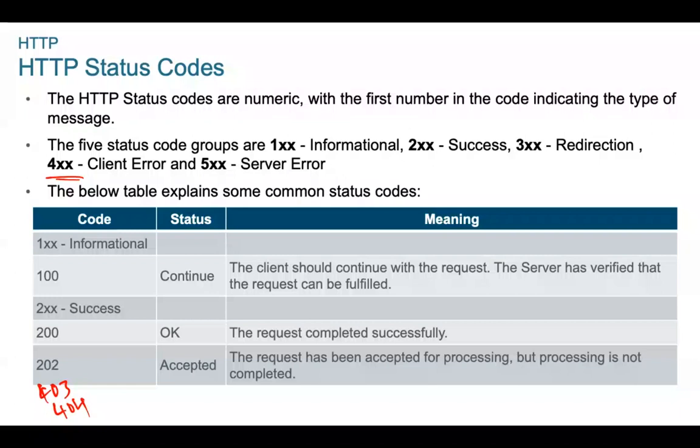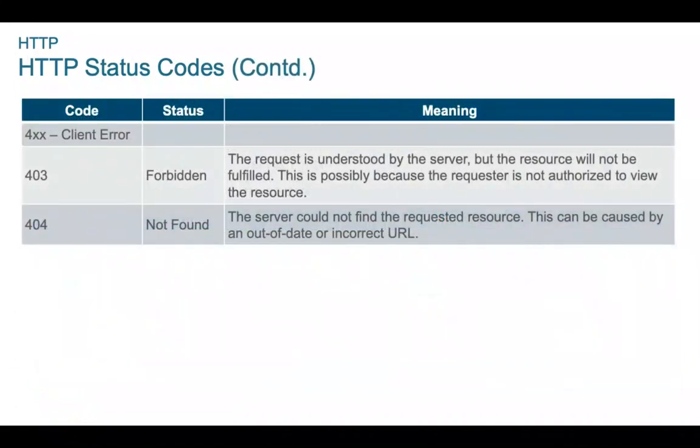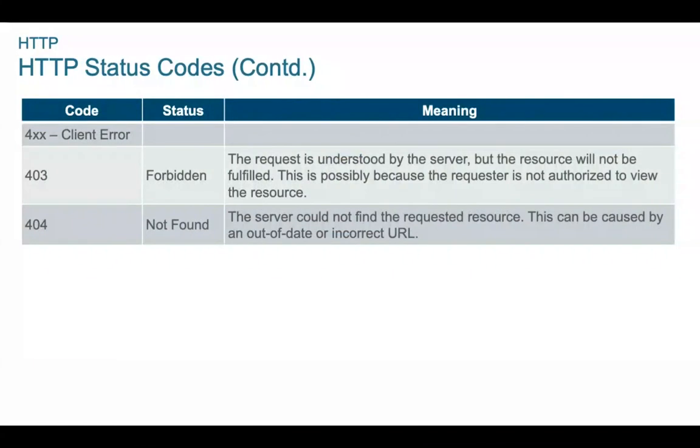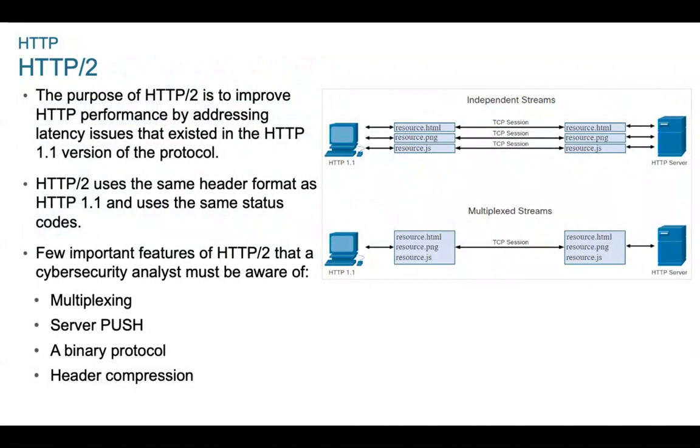So these are different codes that HTTP status codes basically use, and different services use them. As said, 403 and 404 give different statuses like forbidden and not found. Now let's look at HTTP part 2.